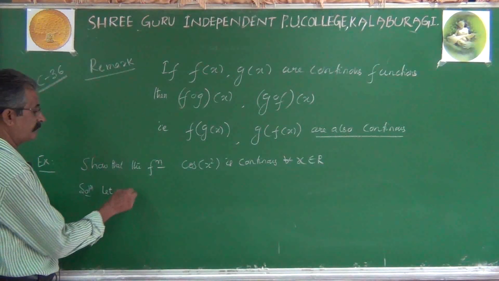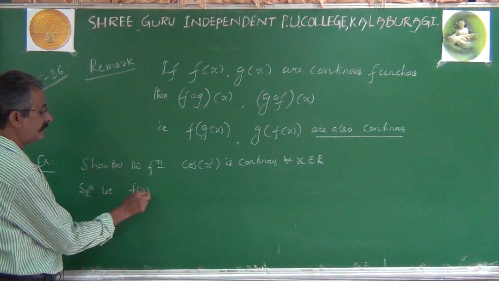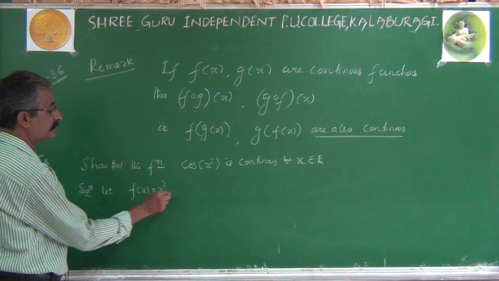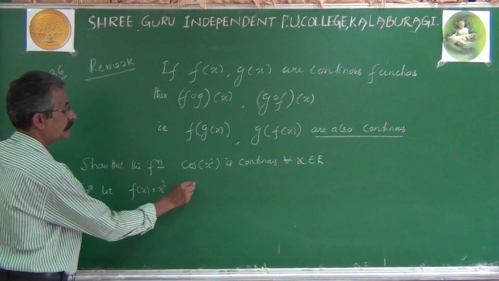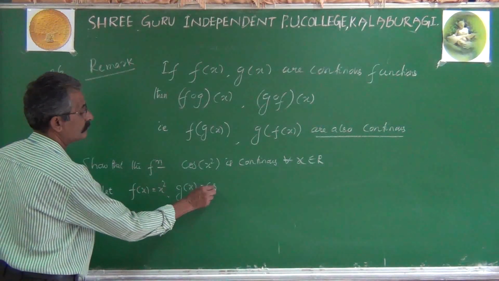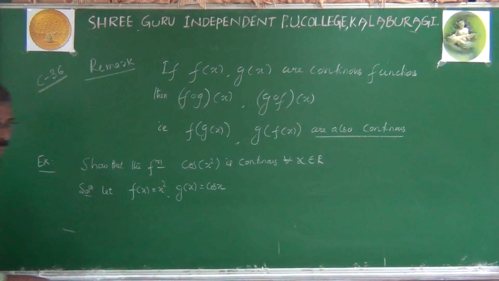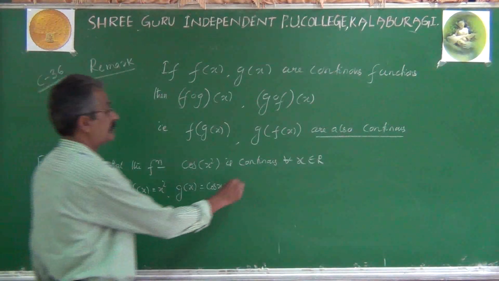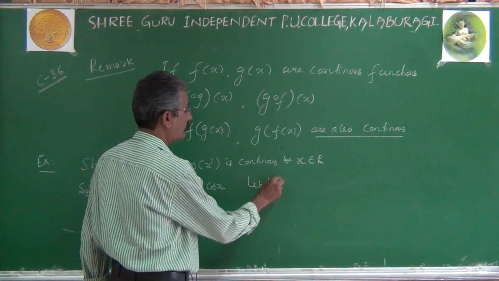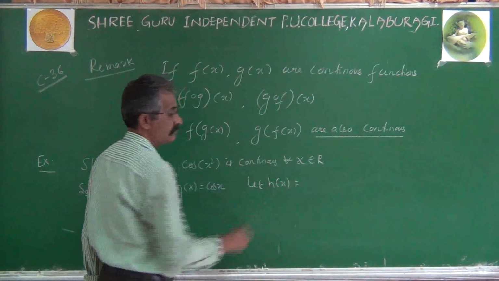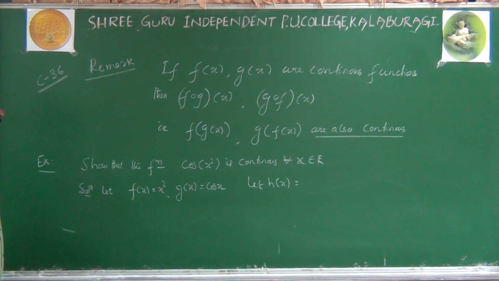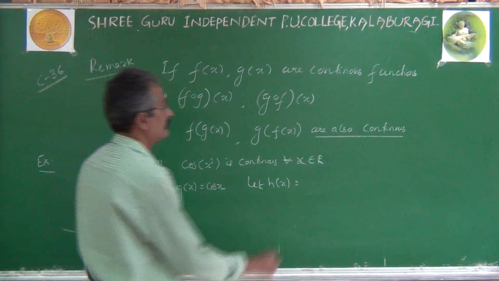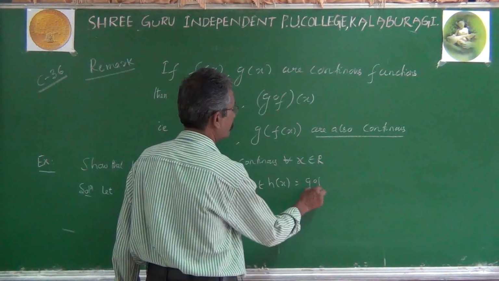So you can take f of x equal to x square, g of x equal to cos x. And let h of x equal to g o f of x.